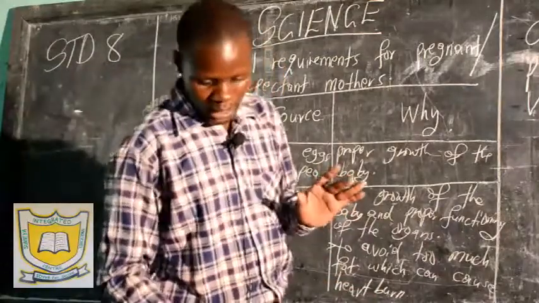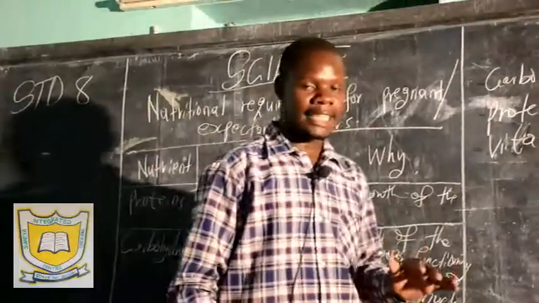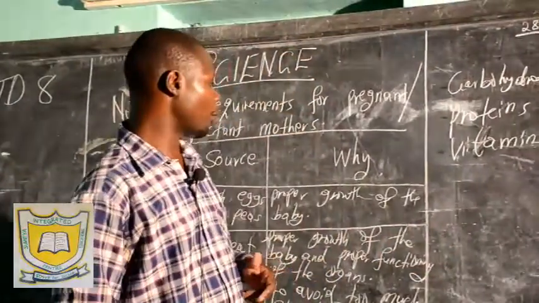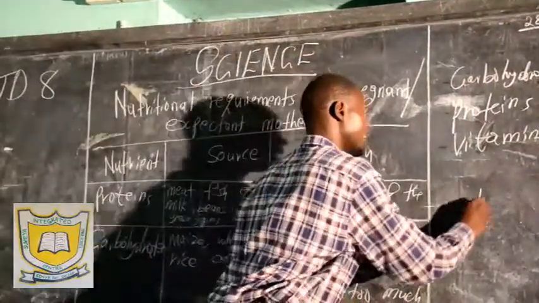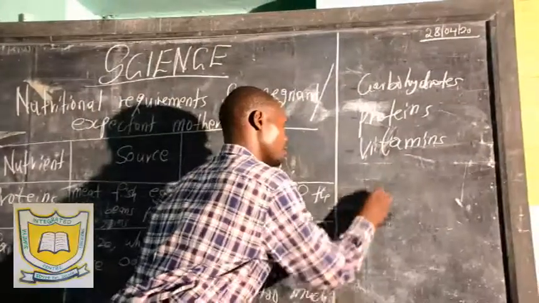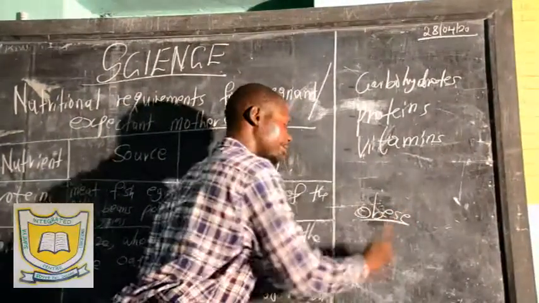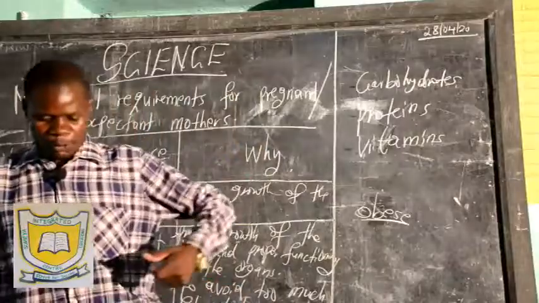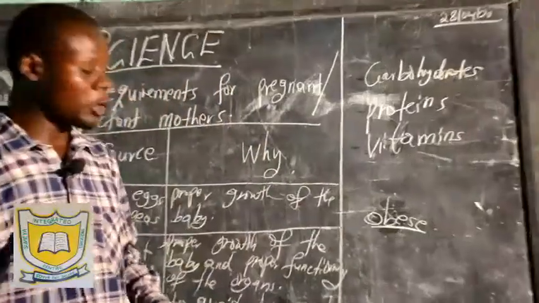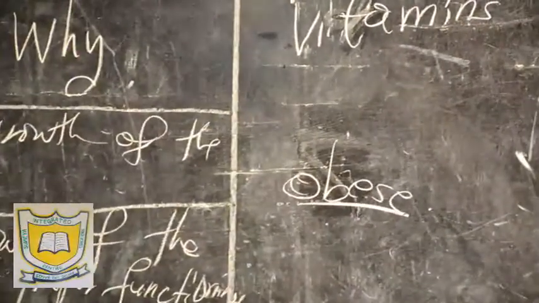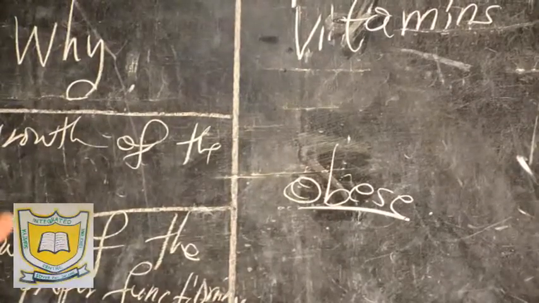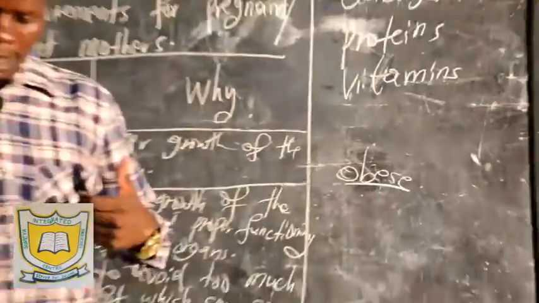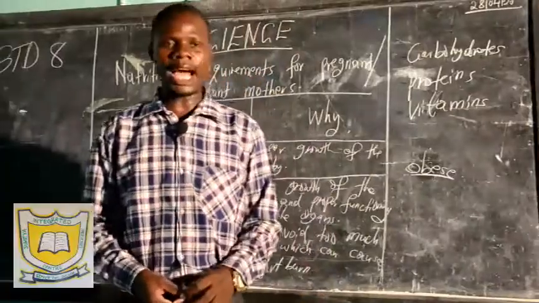That is the reason. And also you might find that the baby in the womb is becoming obese. When the baby grows very fat, we say it is what we call obesity. Obesity, you might find that it is spoiling function of the heart.